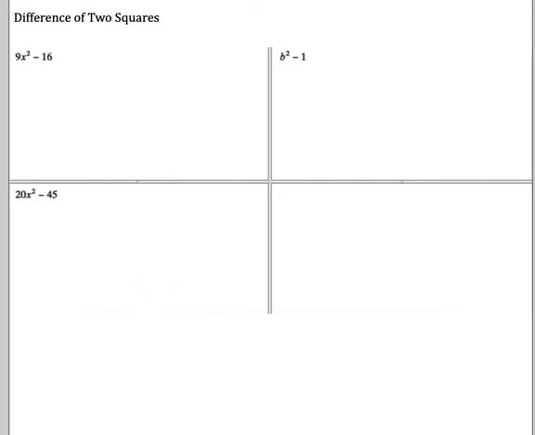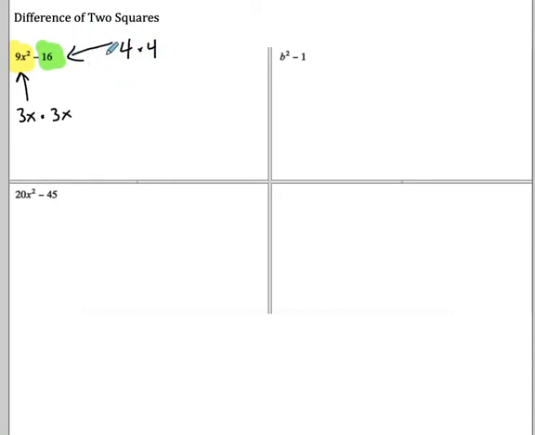Difference of two squares is exactly what it sounds like. So the first term that you have in your polynomial is a perfect square, right? So 9x squared would be 3x times 3x. And this second term is also a perfect square, right?